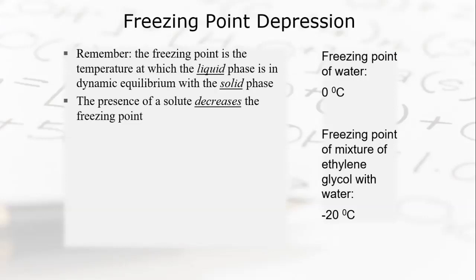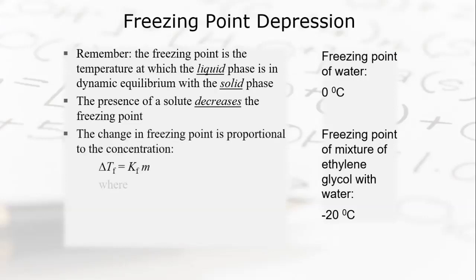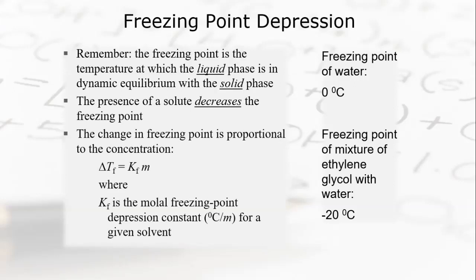And again, we have an equation for this, very similar to the one we just discussed for the boiling point elevation. It's proportional again to the concentration, right? So once more, you have delta TF, in this case for freezing, would be a freezing point depression constant, which is particular for every solvent, times the molality of the solution.